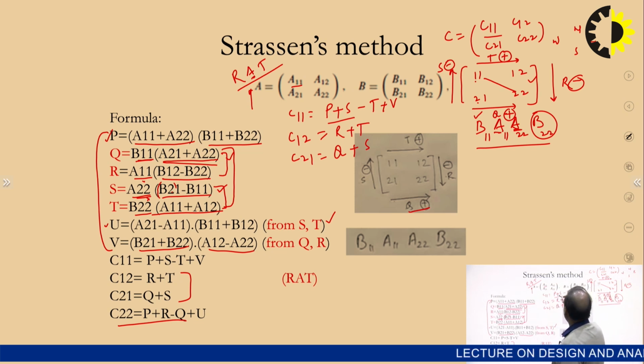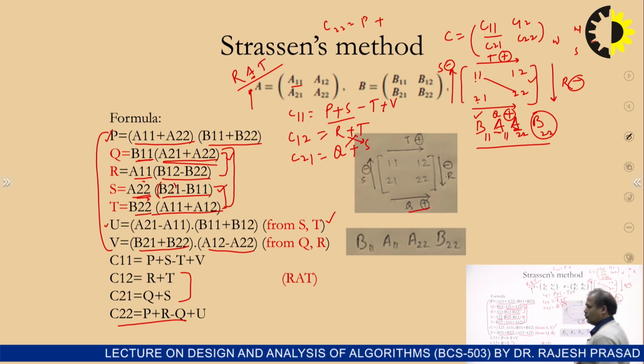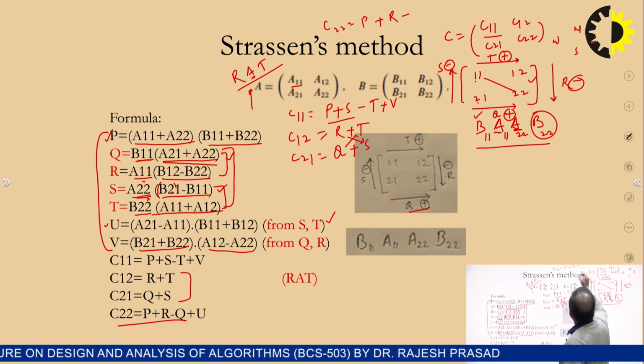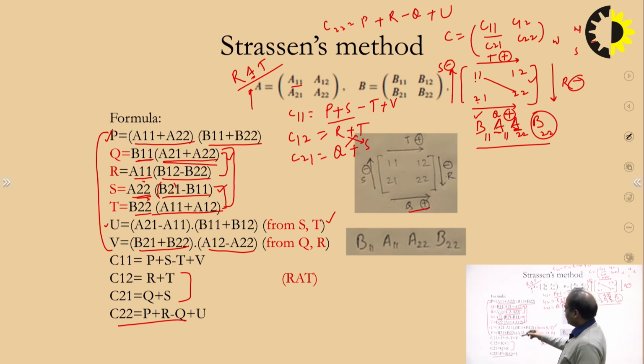C11 is P plus S. So C22 will have P remain here, and in place of S we write R, and in place of T we write Q. And the last one, since U has not been used before, we just write capital U. So this will be P plus R minus Q plus U. After computing all this, you will get the correct answer.